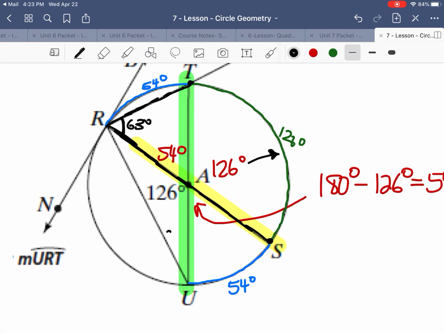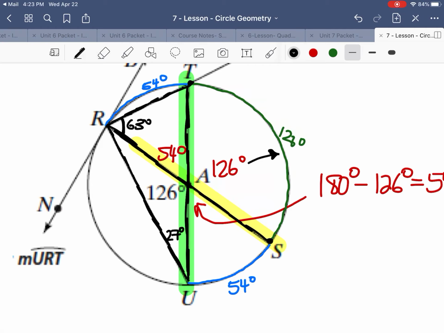All right. So from there, same general idea, we know that this has to be 27 degrees, because again, we're looking at an intercepted arc. That 54 degrees is the intercepted arc for the central angle of 54 degrees, but it's also the intercepted arc for the inscribed angle of 27 degrees. All right?